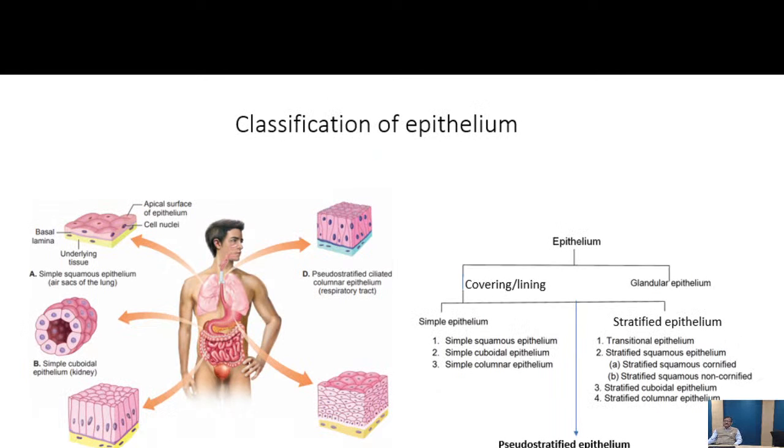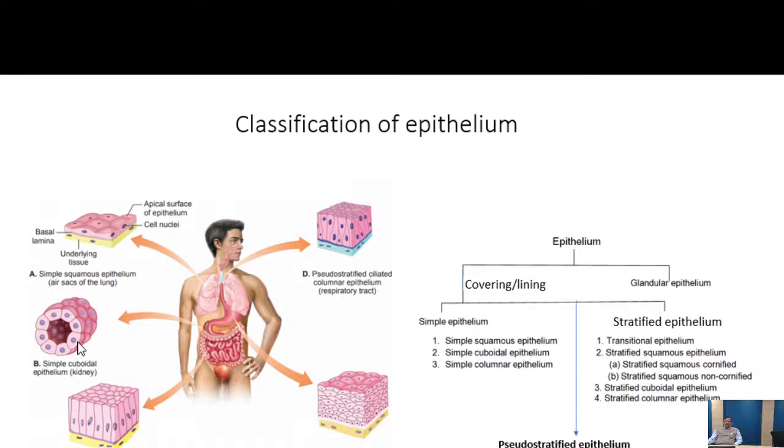Now, epithelial tissue can be classified in a very detailed, comprehensive manner. Now, you can understand that epithelial tissue is all over. It is lining the lungs. It is lining the trachea.